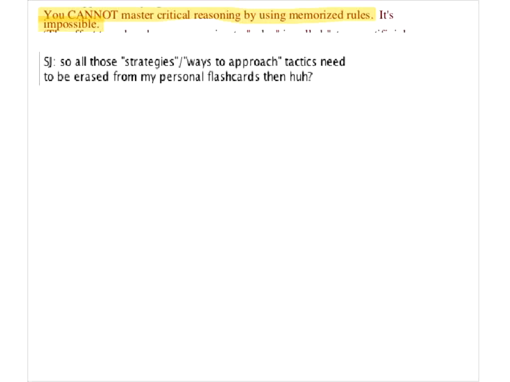This is yes in the sense that you can't solve these problems with formulas. But no in the sense that you should do the following.